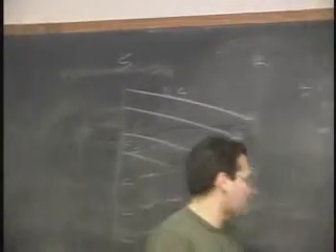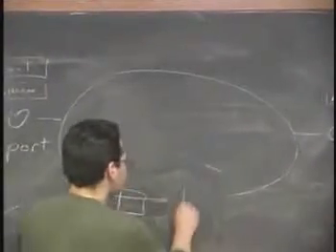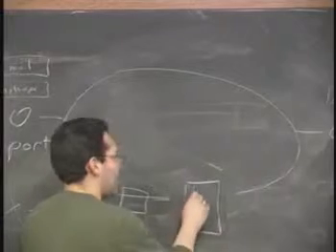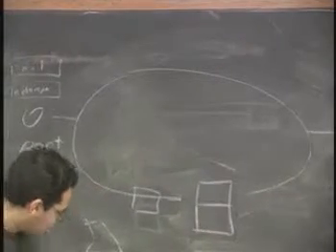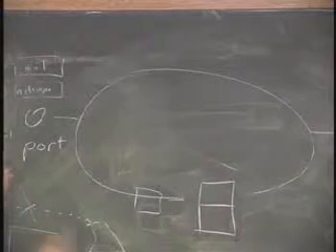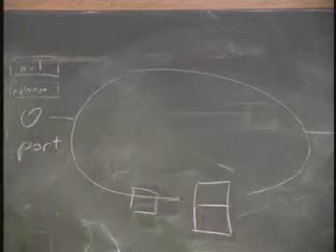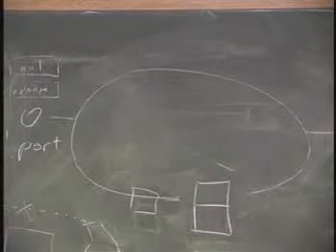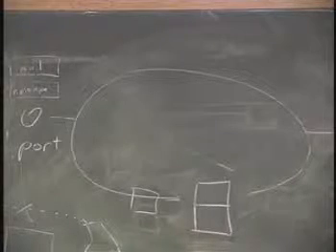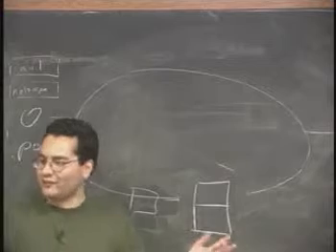Let's make this a little more concrete. Imagine we had a buffer size of 2 at this point in the network, and say the rest of the network was really fast. If we're just doing the lockstep, boom, boom, one after the other, and this is already congested, then we're out of luck.